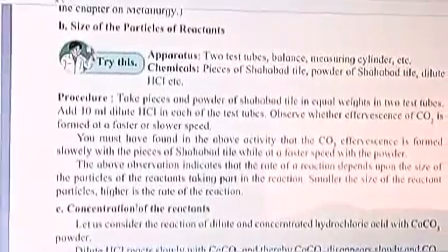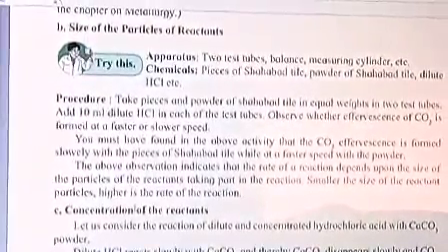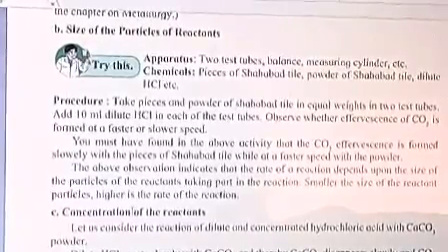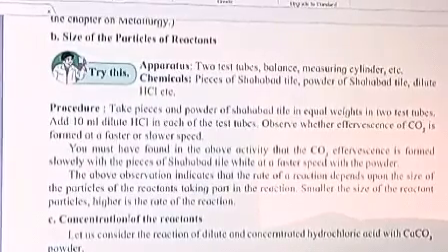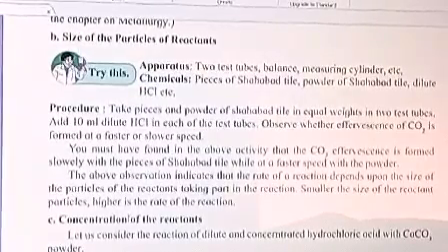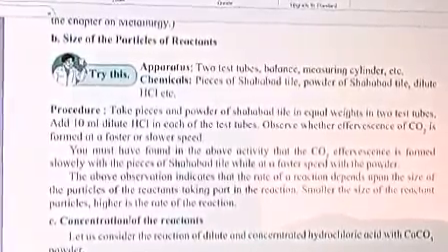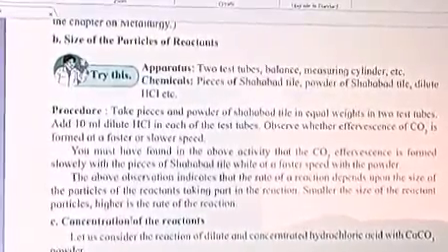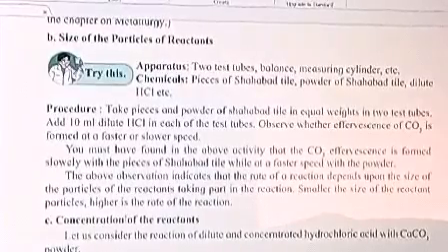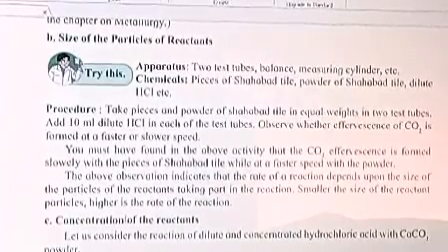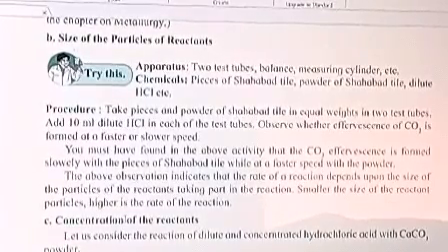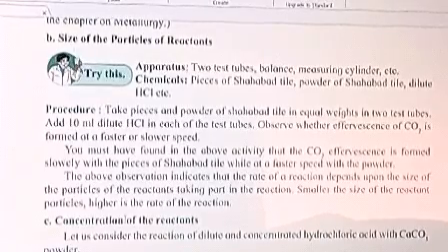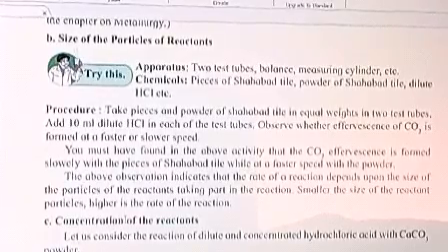This is because the powdered marble has very small particles, and therefore the total exposed surface area in a powdered marble is more. On the other hand, for big pieces of marble, the total surface area of all the particles taken together is less as compared to the powdered marble.